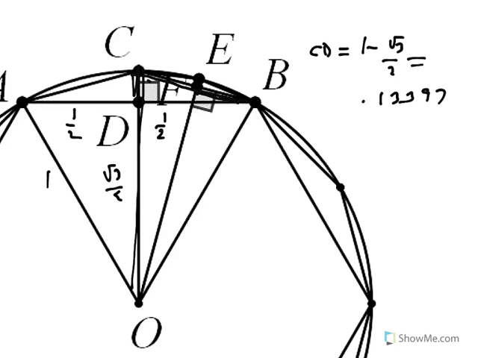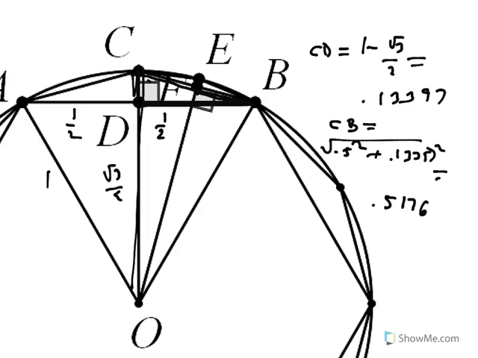So now I have this little right triangle, CDB, which has 0.13397, and it has a half as its other leg, which means that CB is the square root of 0.5 squared plus 0.13397 squared. Which ends up being about 0.51764. That's what CB is.